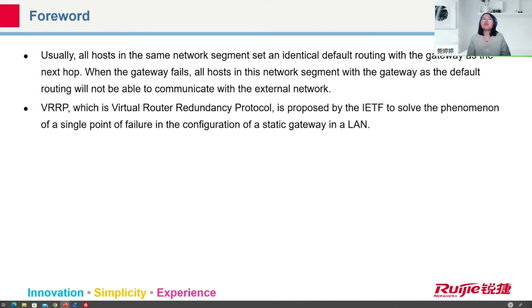The name is Virtual Router Redundancy Protocol. Of course, if you deploy VRRP on different routers to provide a redundant next hop, it can also work. But usually we use this technology to provide backup for the gateway. The gateway is a special definition for the terminals, right?